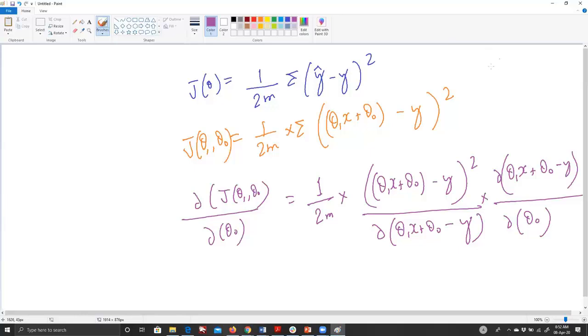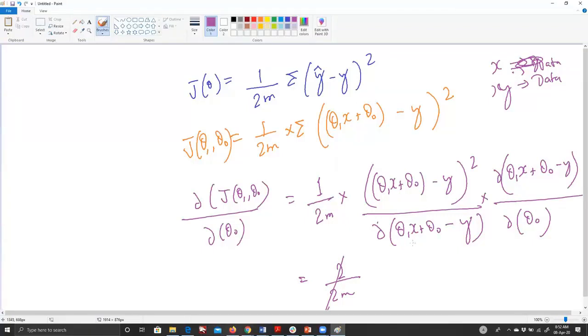Remember, x and y were not your variables. X and y were your constants, because they come from your data, so you already know the values. The only variable in the whole equation is theta naught. So how would it look? First step, what would happen here, guys? Can anyone tell me? Yeah, 2 into the bracket. So you will get something like this, and this is why I told you we will be able to kill this.